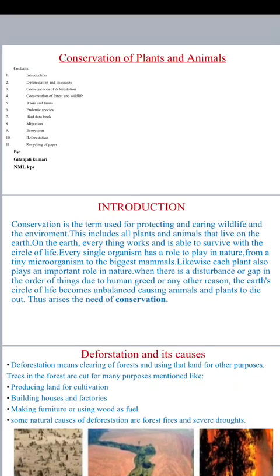Likewise, each plant also plays an important role in nature. When there is disturbance or gap in the order of things due to human greed or any other reason, the earth's circle of life becomes unbalanced, causing animals and plants to die out. This arises the need of conservation.